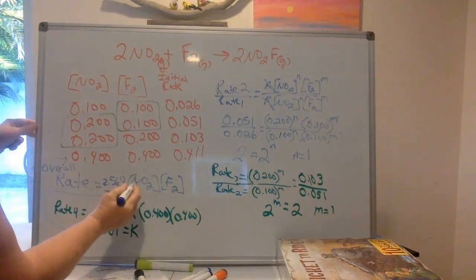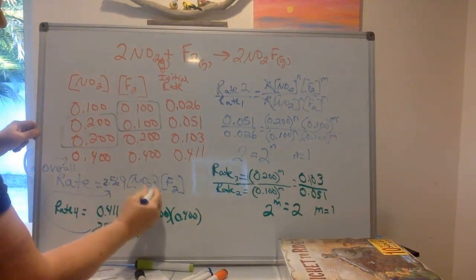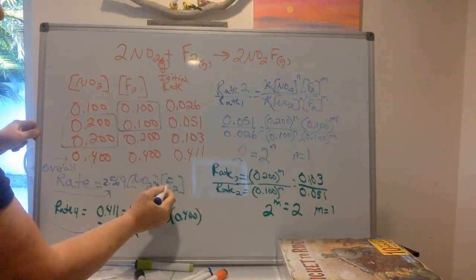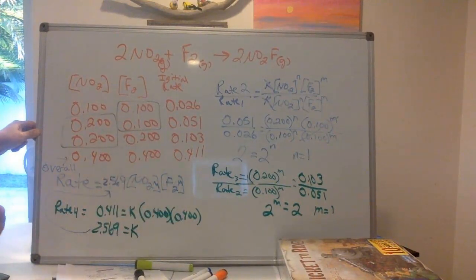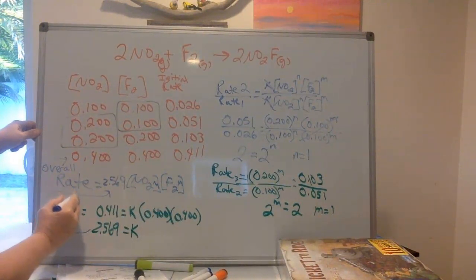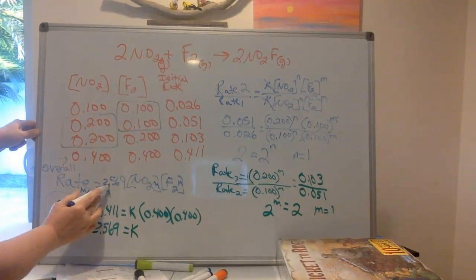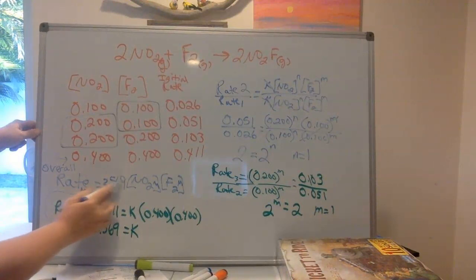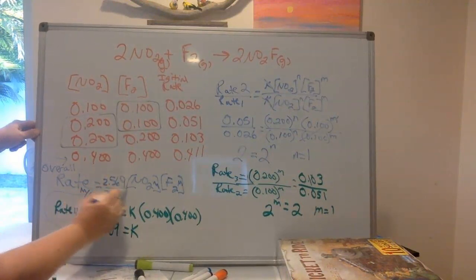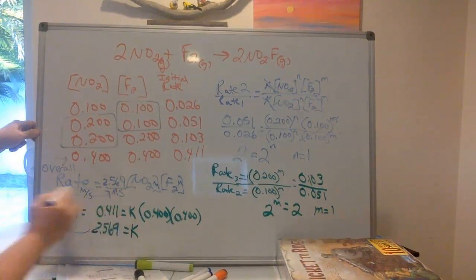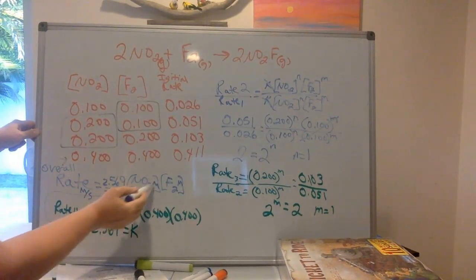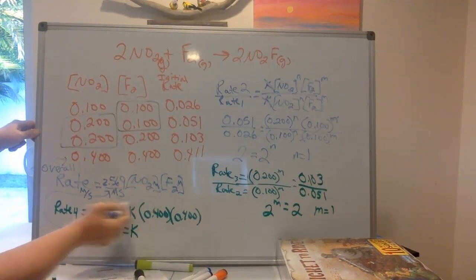Now the last thing is doing units, all right? So the unit for NO2 is molarity, and the unit for F2 is molarity. The unit for rate is molarity per second. So what has to be the unit for my K value? The unit for my K value has to be divided by molarity seconds, right? Because I want molars to cancel, and I want it to be molarity per second.